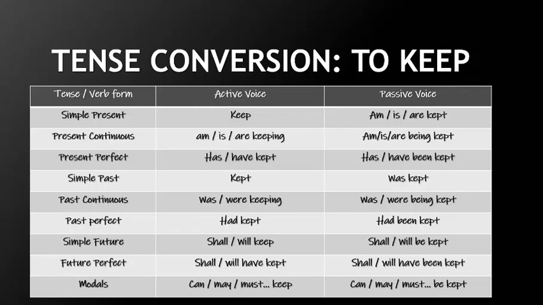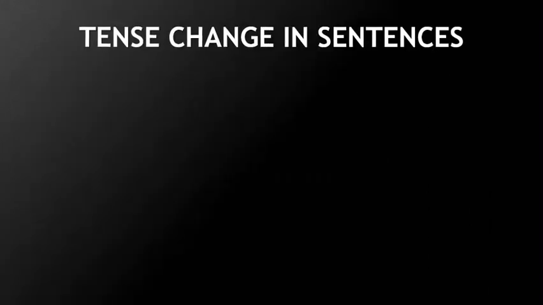So let's now have some sentences. Basically, we are going to use only one sentence, but in various tenses and aspects to understand how assertive sentences are changed from active voice to passive voice.